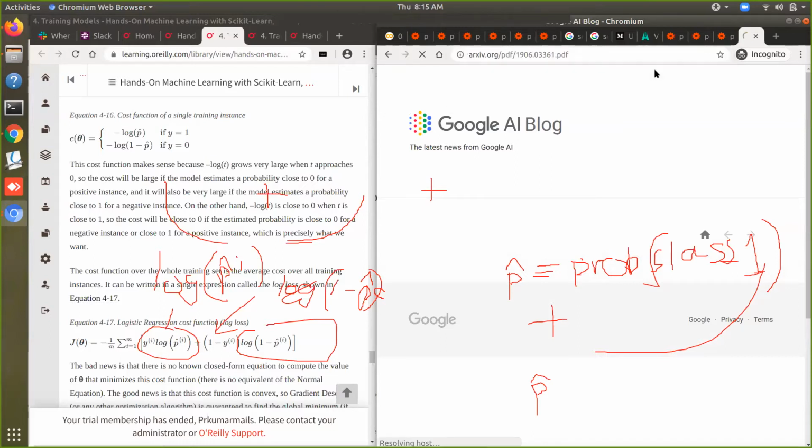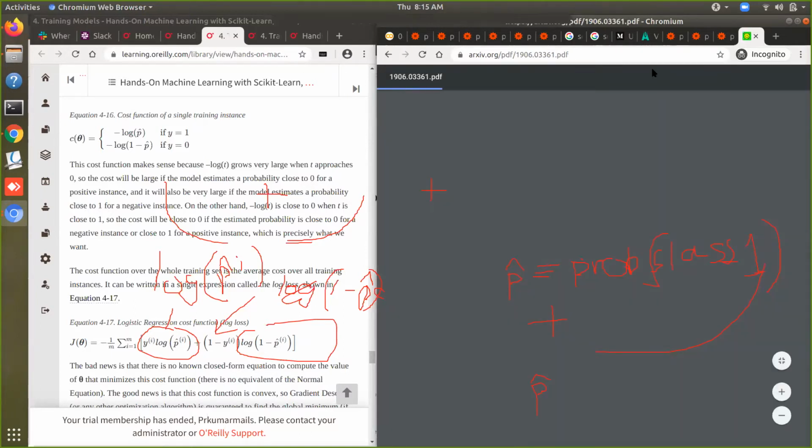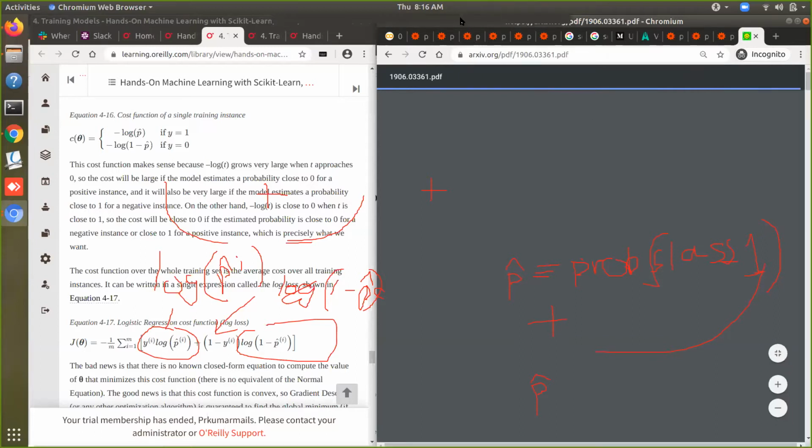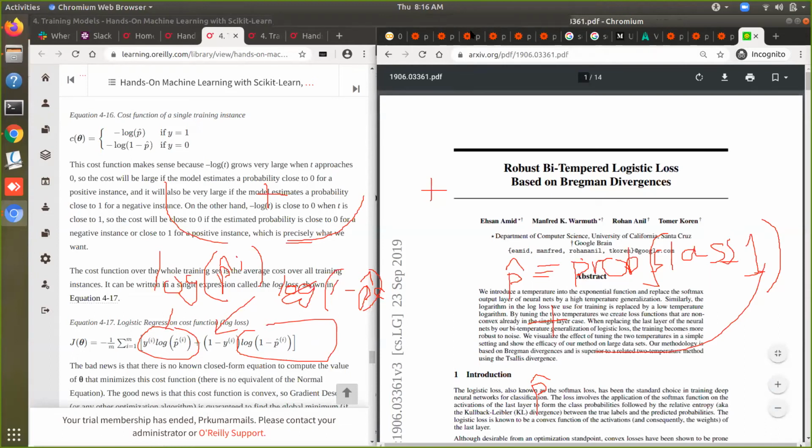That's where you either remove the last layer, because what are we really looking for? We're really looking for the weights all the way from the first layer towards the end, not necessarily even including the last layer.